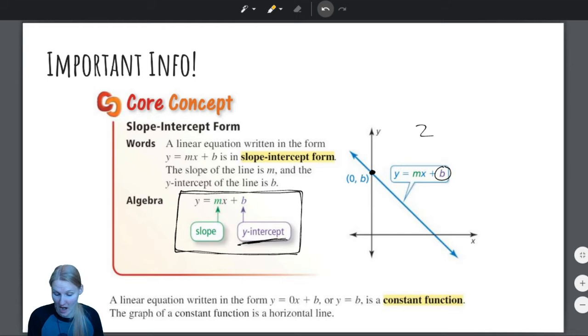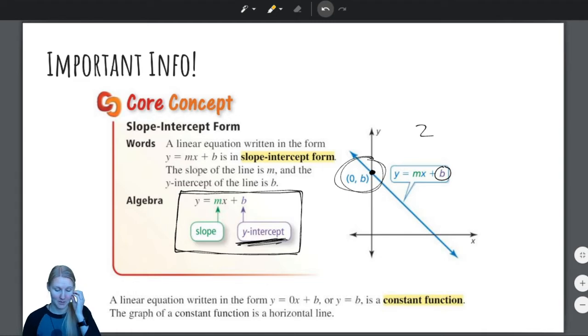It's where the graph crosses the y-axis. So the nice thing about slope-intercept form is we already have one of the intercepts. Remember in section 3.4, we had to find both of the intercepts so that we could draw the points and connect them with a line. Today, when we graph, we're given one of the points to start with, because that's what the y-intercept is.